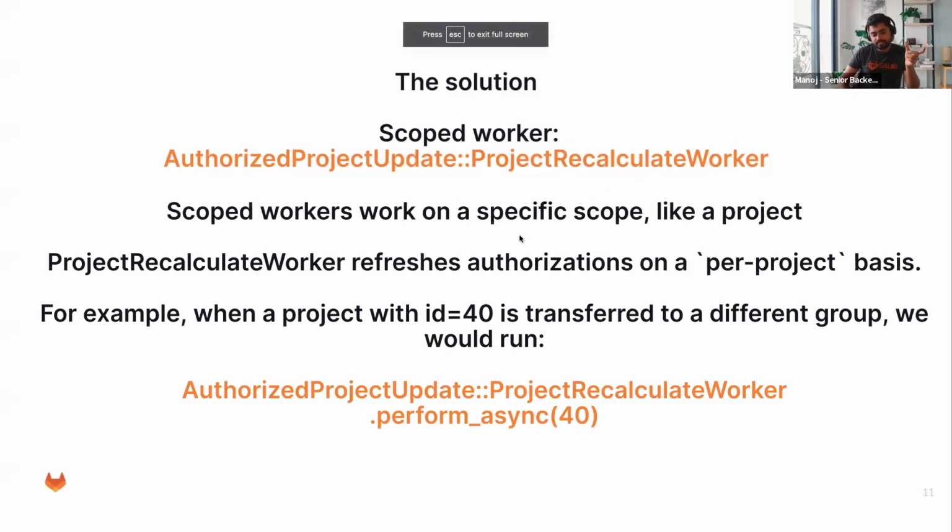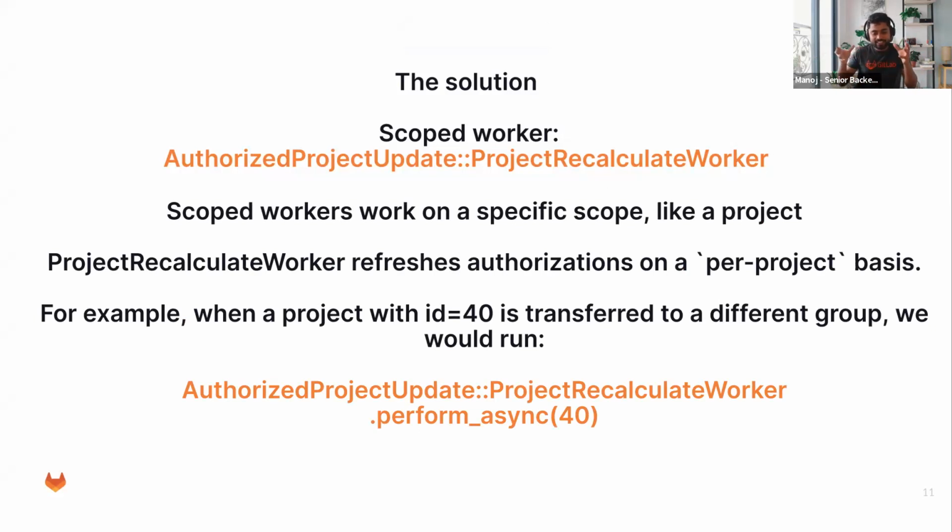So this does refreshes on a per project basis. If you remember, the last one did refreshes on a per user basis. So for example, when a project with ID 40 is transferred from one group to the other, we simply do ProjectRecalculateWorker.perform_async(40), where 40 is the project ID.